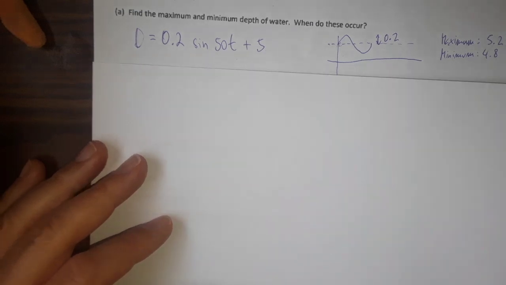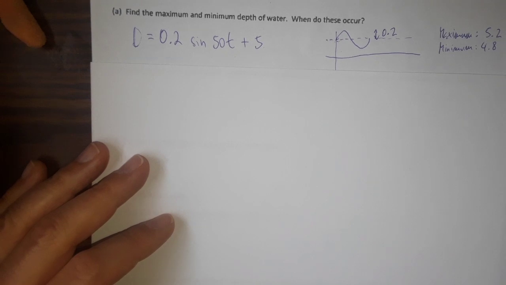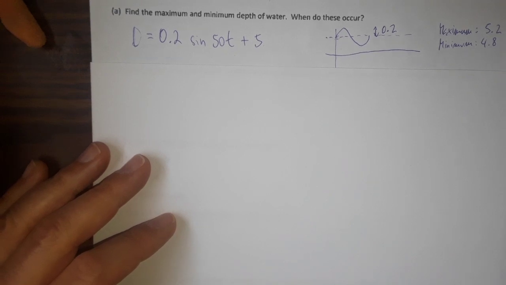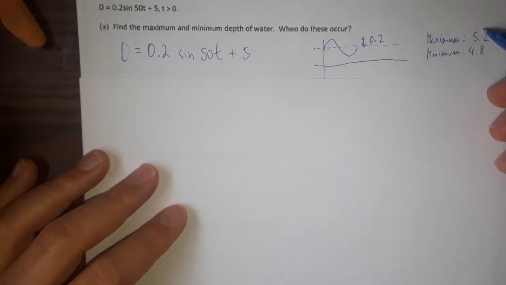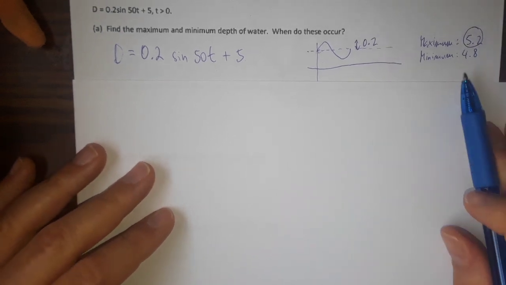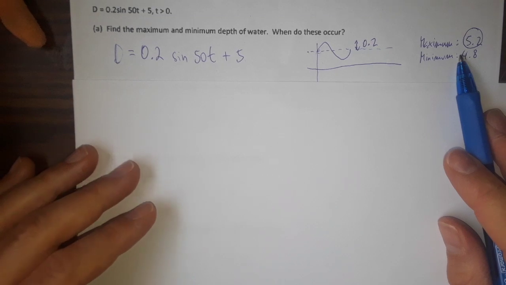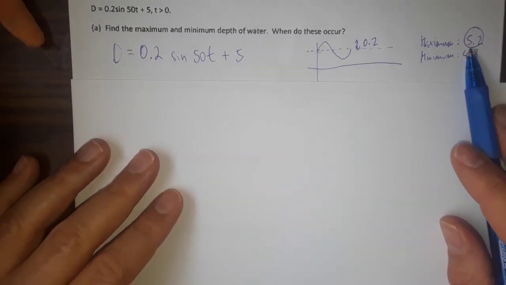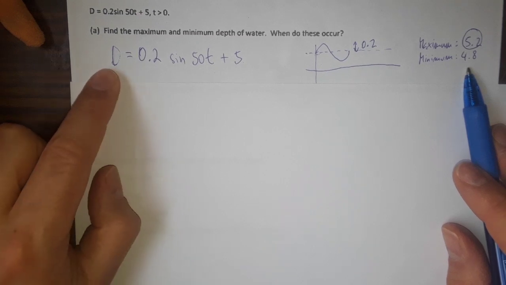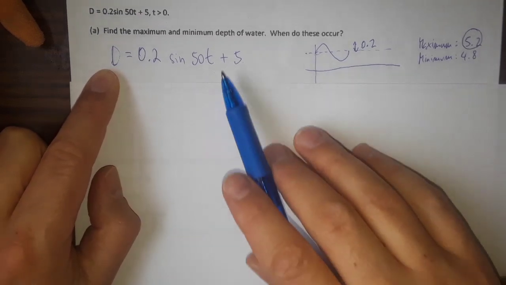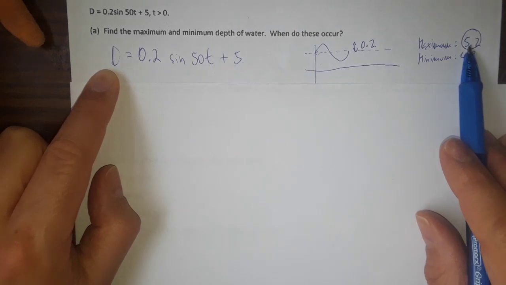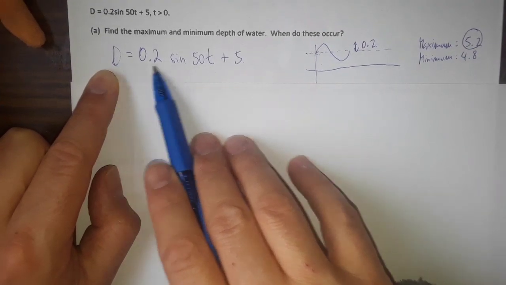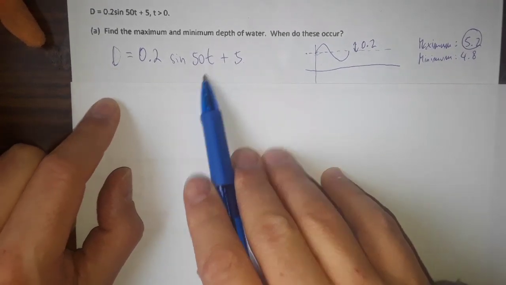I'm going to go for one option, I'm not sure it's the easiest one, but it's an option. The values 5.2 and 4.8 are the depth of the water, so it's d. If we want to know at what t this happens, we can just put this 5.2 where the d is and solve for t.